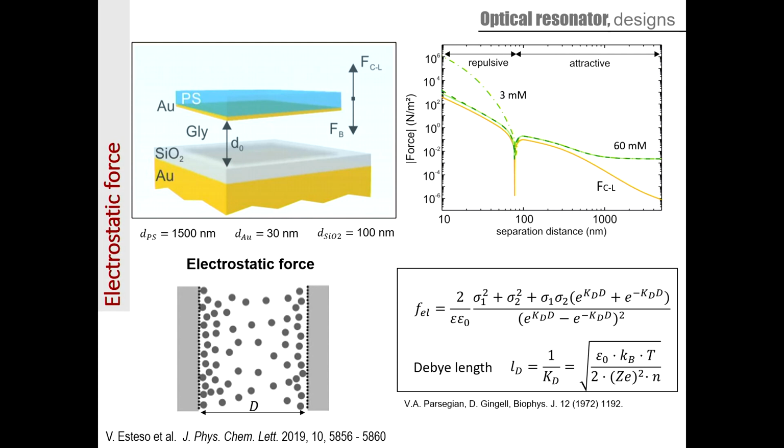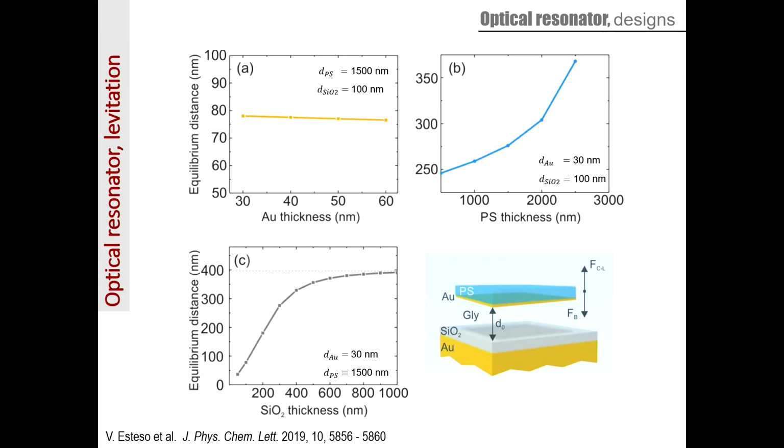So from now on, we are going to consider that we have included this amount of salt, and everything we are observing is really related to Casimir forces, gravity, and buoyancy.